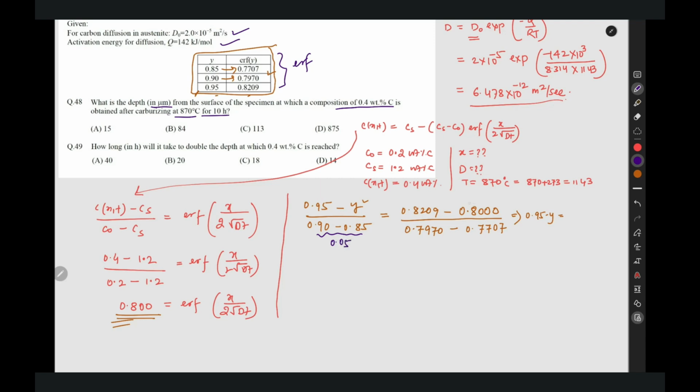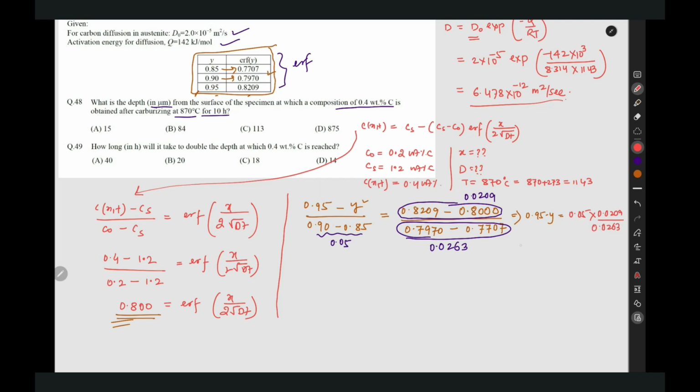After this we can write 0.95 minus y equal to, after calculating, 0.05 into the numerator 0.0209, divided by the denominator 0.0263.